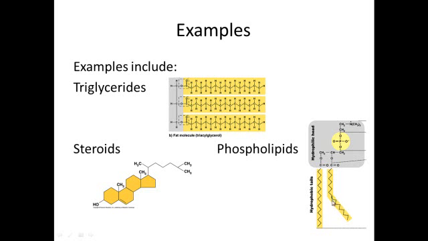Here we have 2 carbon bonds. That means 2 electrons are being shared between the 2 carbons. As a result, it's missing 2 hydrogens here, one on either side of that. So it makes it kinked. It just bends it. Changes the shape of the molecule. But all phospholipids have that kink.